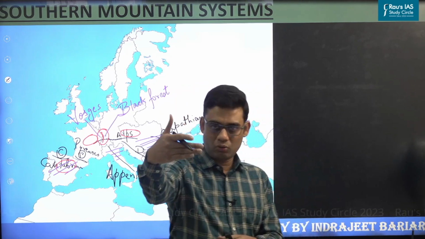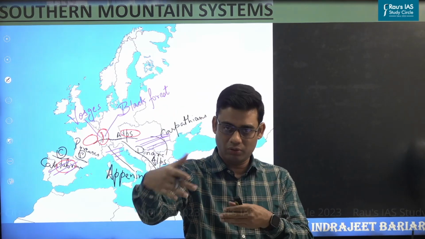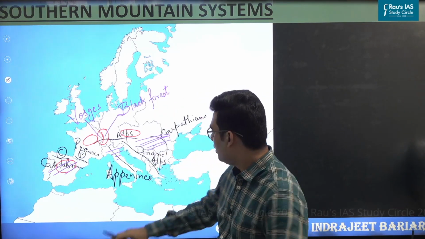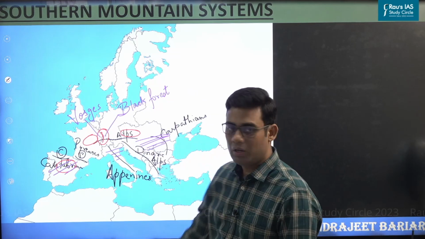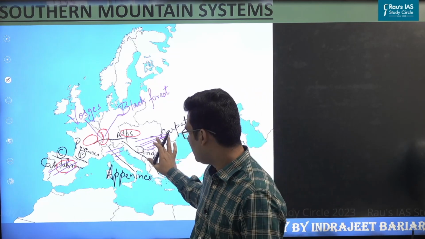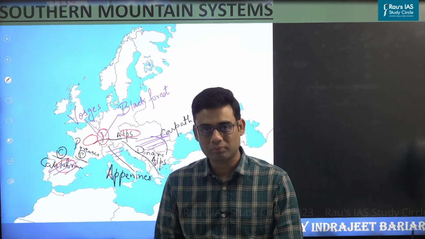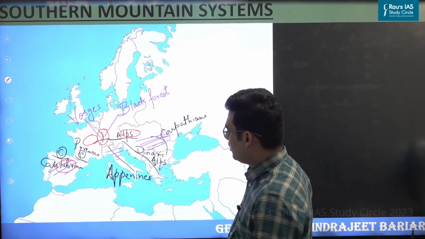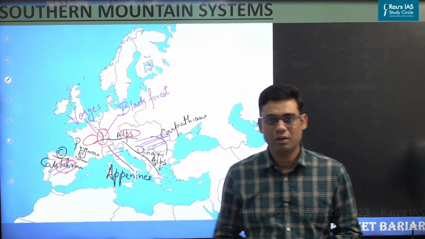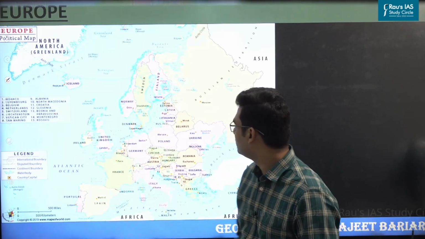So we have two mountain systems, one old, one new. Between them, the subsided portion has resulted in the formation of plains in the southern part of Europe. So this is the southern mountain system.